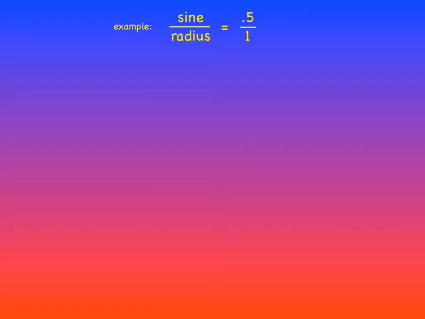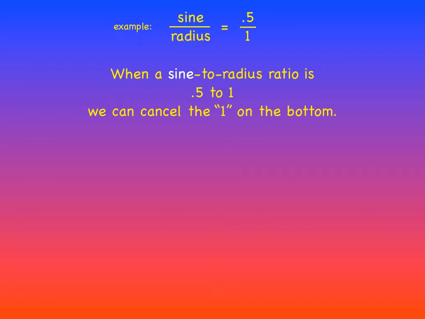Now here's an example. The ratio of the sine to radius here is 0.5 to 1. But when a sine to radius ratio is 0.5 to 1, we can cancel the 1 on the bottom. So I cancel the 1, so the sine to radius ratio is now just 0.5. You can imagine there's a 1 on the bottom, but it's canceled.